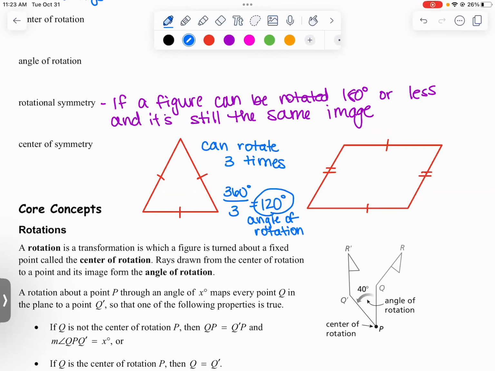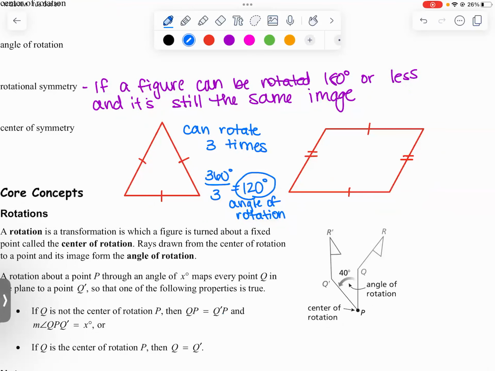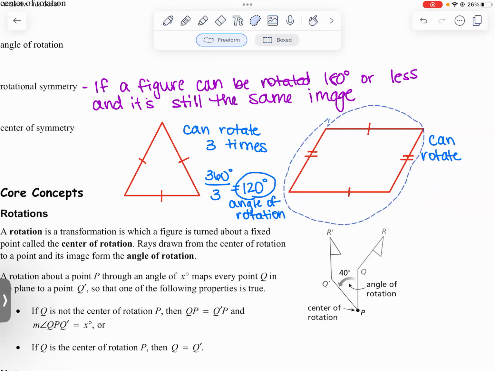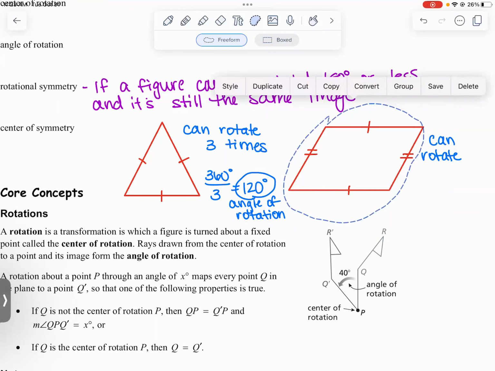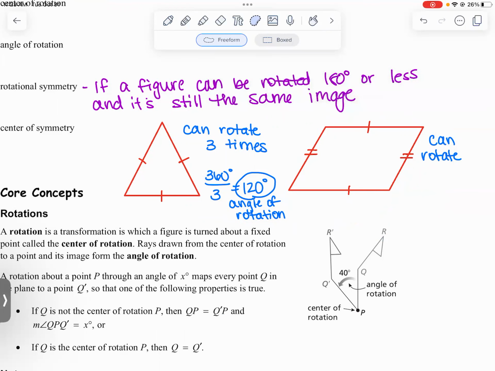All right. What about our parallelogram? How many times can I rotate this? I can go upside down, right? And it looks the same.